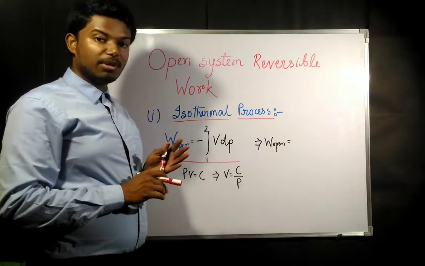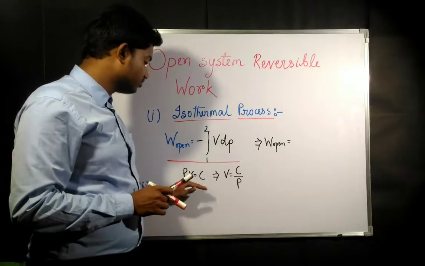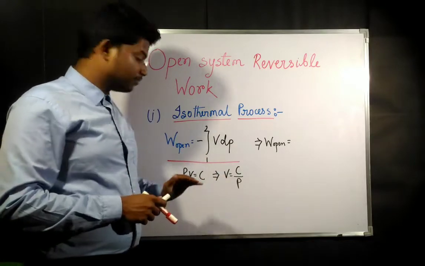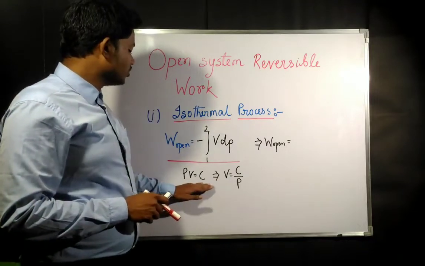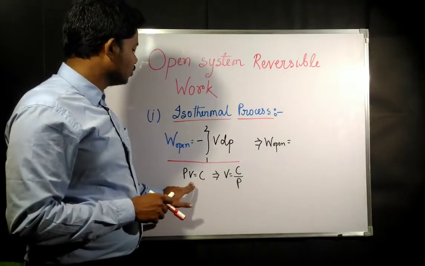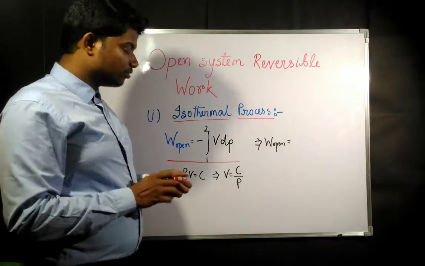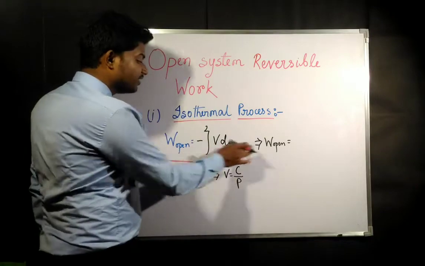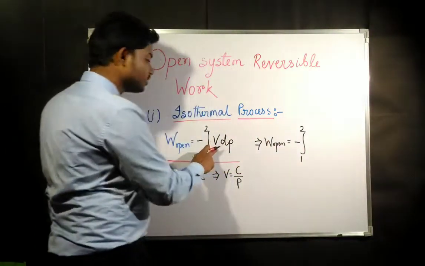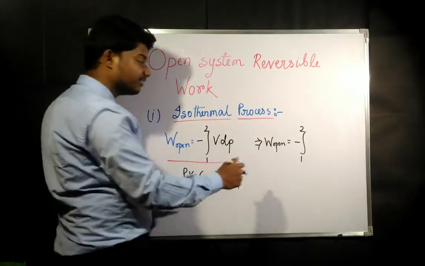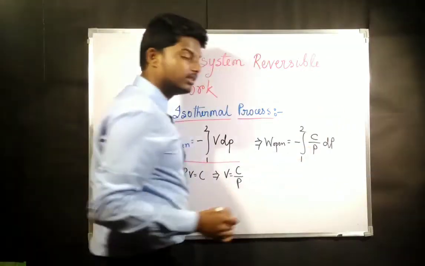In the isothermal process, as we discussed earlier, the ideal gas equation gives PV equals constant. From this we can write that volume is equal to C by P. Rewriting the equation, from 1 to 2 we replace V by C by P, into dP.